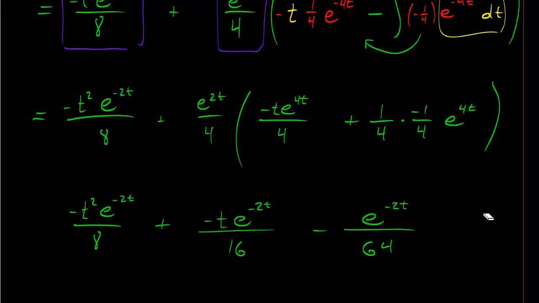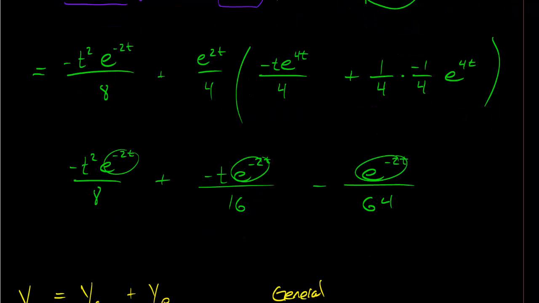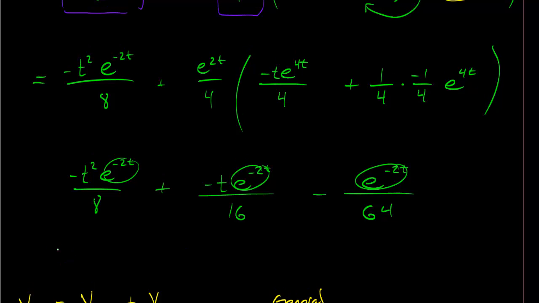And one thing we can notice is that we've got a common factor of e to the negative 2t. If I factor that out along with the greatest common denominator, I can write this very concisely as e to the negative 2t over 64 times negative 8t squared minus 4t minus 1.